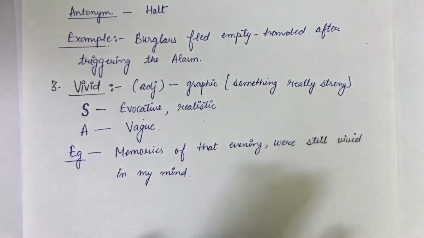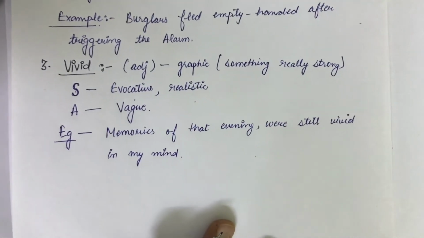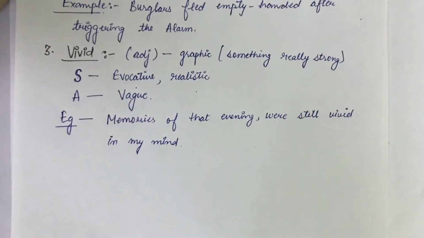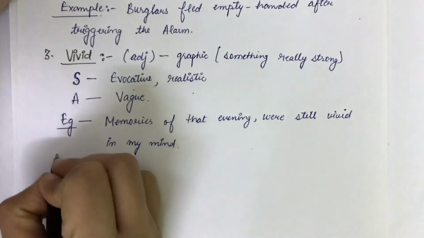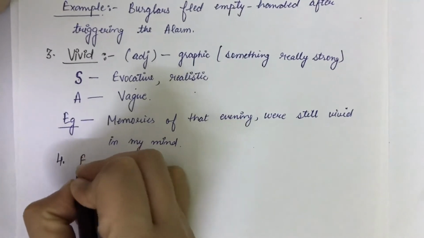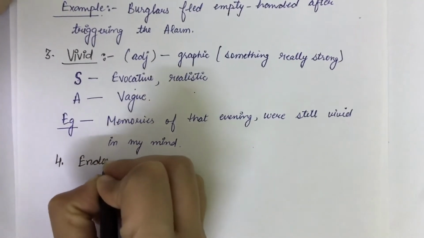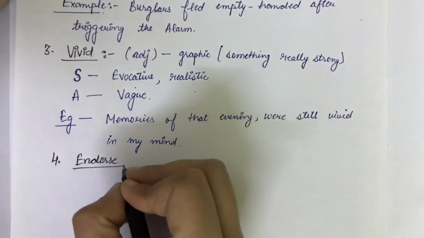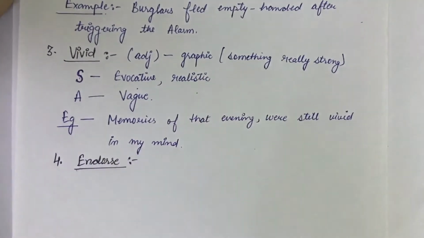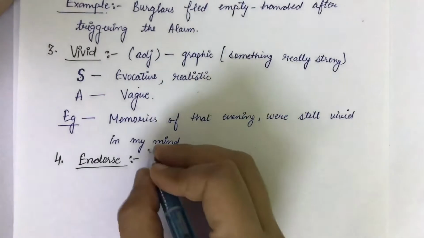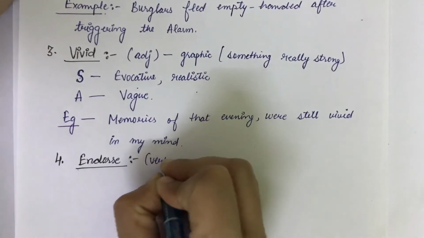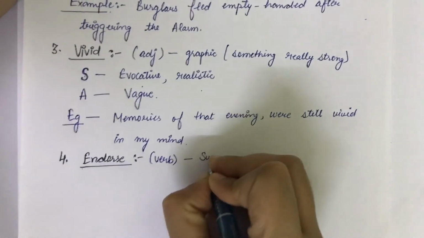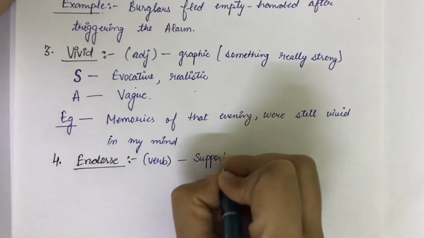Okay, so now I am going to tell you the fourth word, which is endorse. So what does the word endorse mean? This is basically a verb, and endorse means to support.